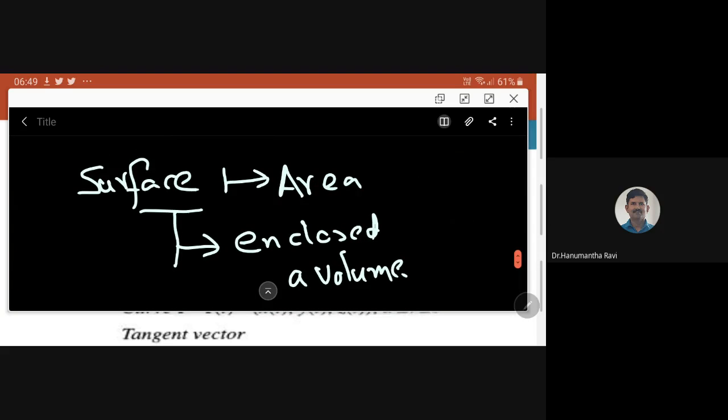Just as in the plane we talk about special curves like plane curves, here we can talk about special surfaces called level surfaces. So whenever we come across the idea of surface, we mean that we are dealing with level surfaces.